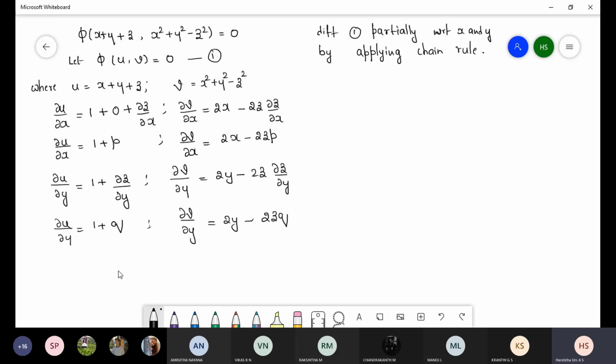What is our chain rule? So here phi of u comma v is there.